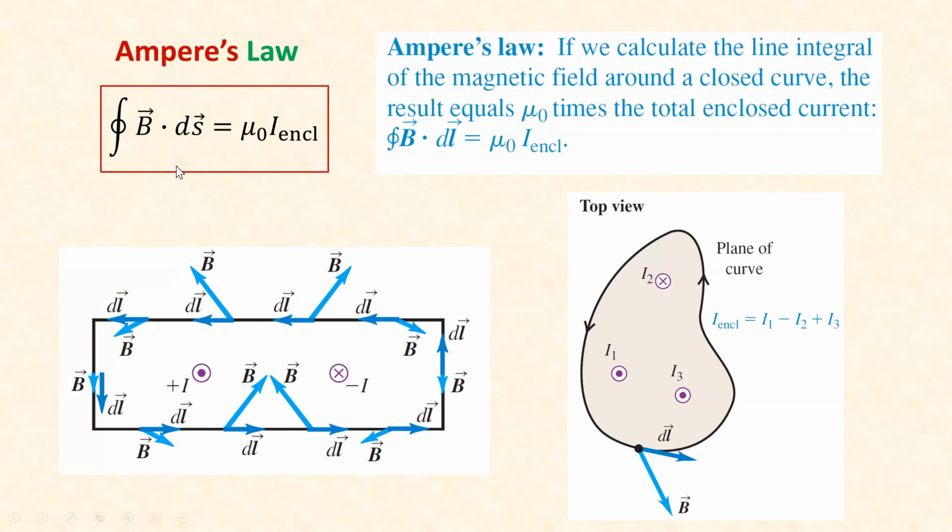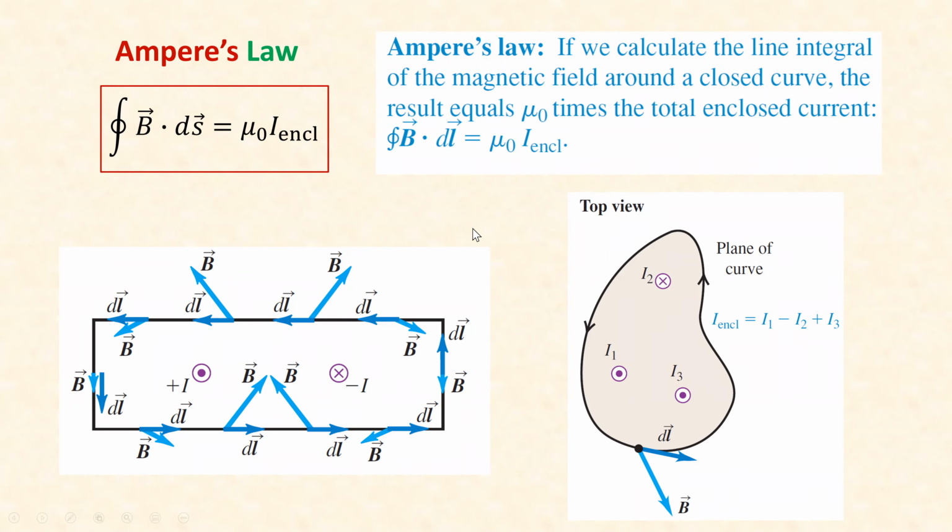And if you calculate B dot ds from all the sources in the universe, it only becomes equal to mu naught times I enclosed. It doesn't mean that this B is because of this current. In this case it is, because they want to show you how this becomes zero. But in general, if the current is outside, it makes zero contribution to this integral.